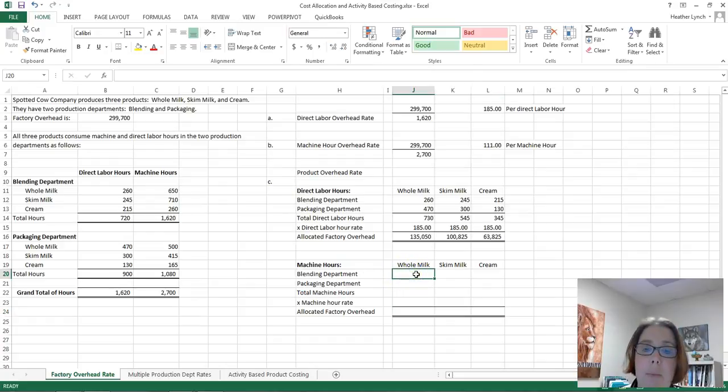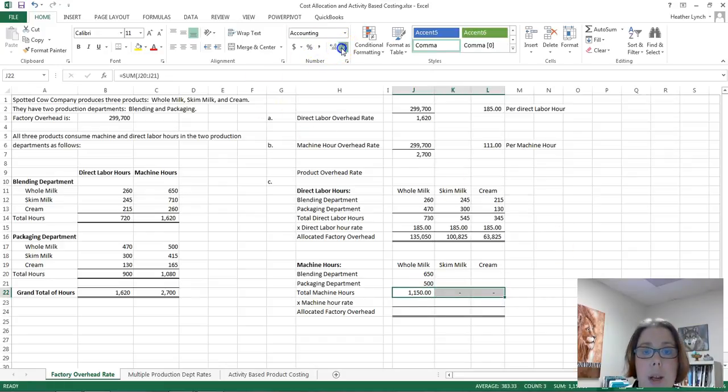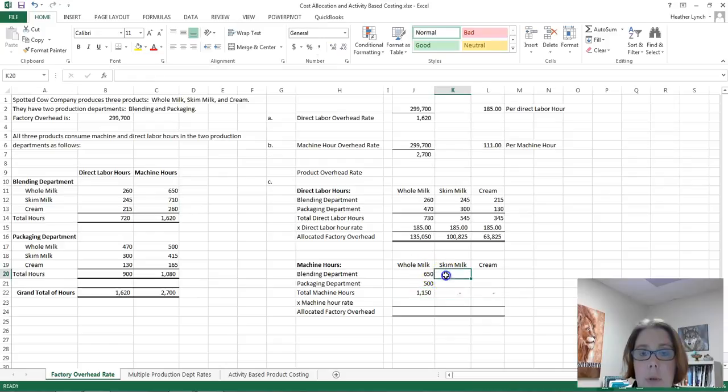Now they want to know how many machine hours. We do the same process. So for blending of whole milk, it was 650. For the packaging of whole milk, it was 185. Add those two together. I'm just going to run that across because it's the same process, and I will add my line here.